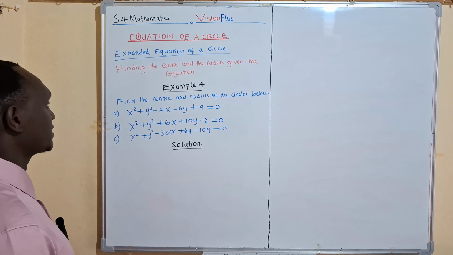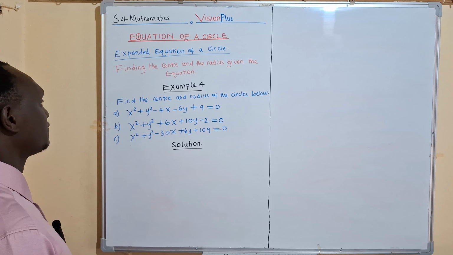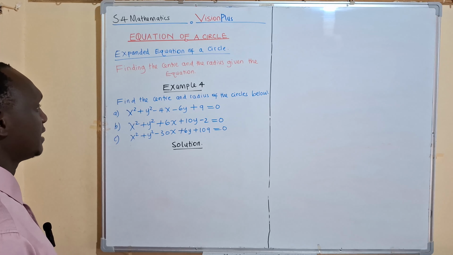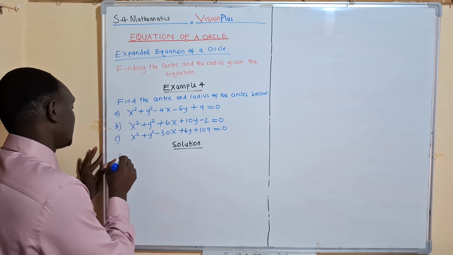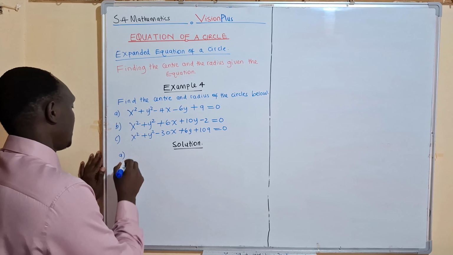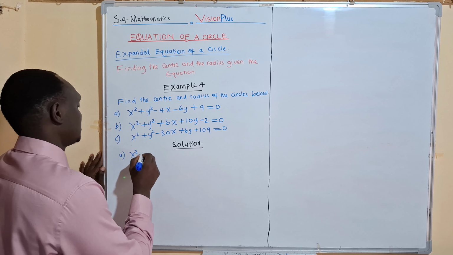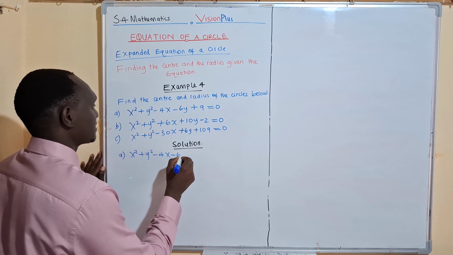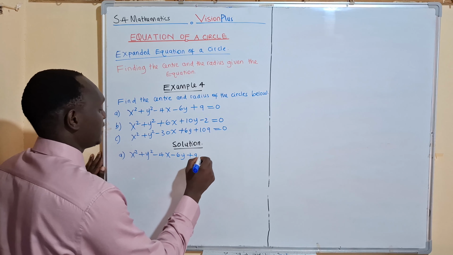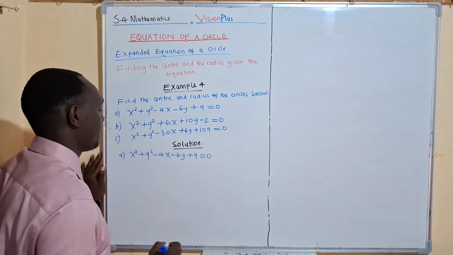We are now doing example 4 under finding the center and the radius when we are given the equation in the expanded form. Example 4 says that we are given three circles. A: x squared plus y squared minus 4x minus 6y plus 9 equals 0.